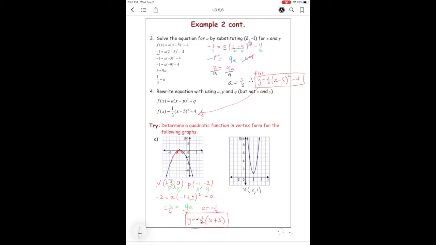What's the vertex in this one? We have a 2 and a 1, and the point is, let's take this one right here, a 1 and a 5. Now we got to label. Now we got to plug and chug.